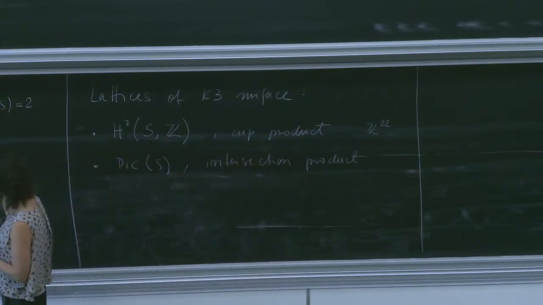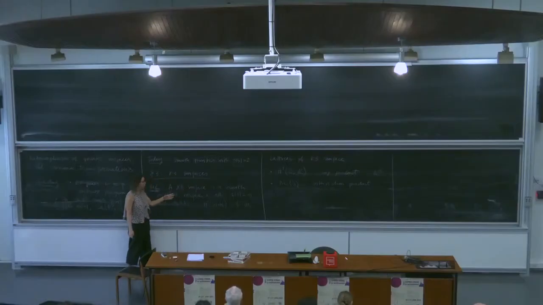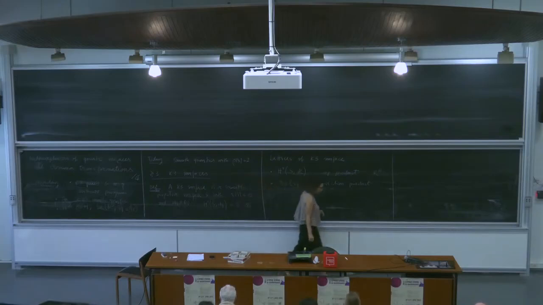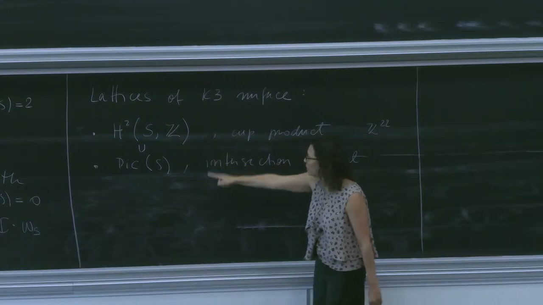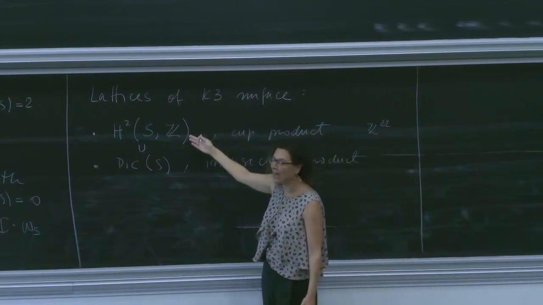Here, I should say that for some people, a K3 surface may be non-algebraic, but for me, a K3 surface is always algebraic. So this could be 0 if you consider a more general definition. And this Picard lattice can be naturally embedded, if you take the first Chern class, in what we usually call the K3 lattice.